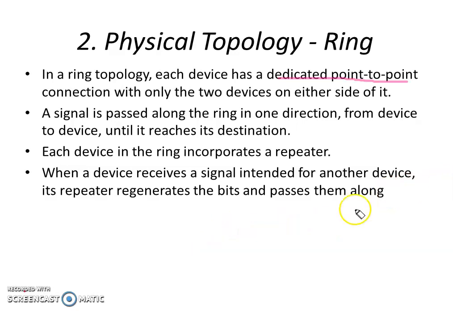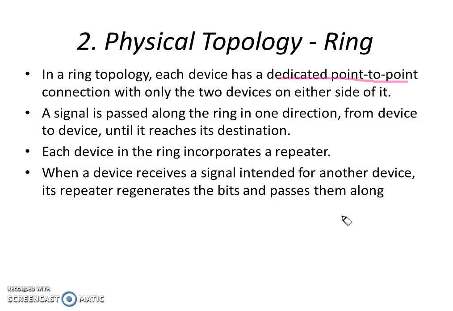So each device in the ring incorporates a repeater. The repeater is mainly used to amplify the fading of signals. So that is the use of a repeater. When a device receives a signal intended for another device, it regenerates the bits and passes them along.